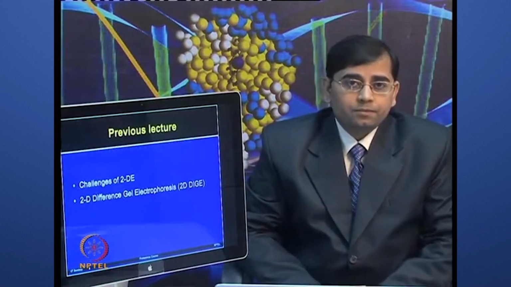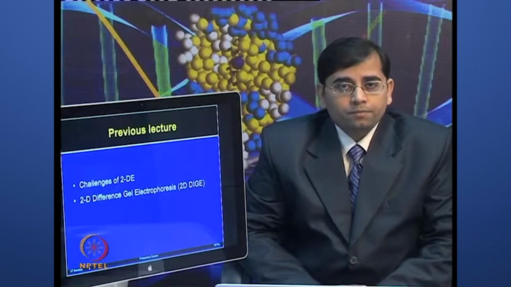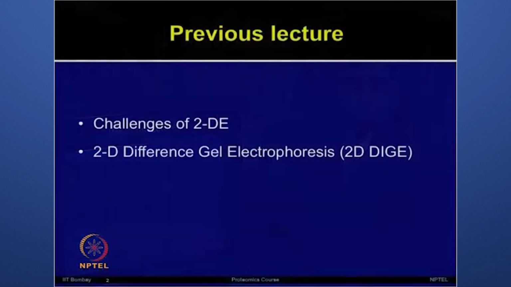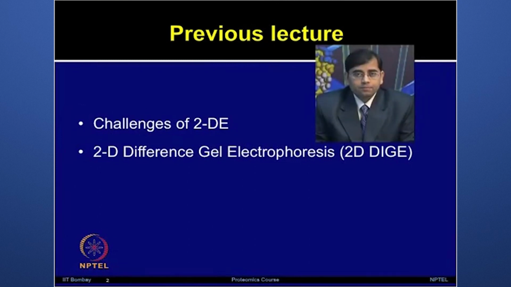In the previous lecture we discussed different challenges associated with two-dimensional electrophoresis. I gave you a few examples of how sample preparation, different types of reagents, or even isoelectric focusing settings, all of those factors can contribute towards a very bad gel.